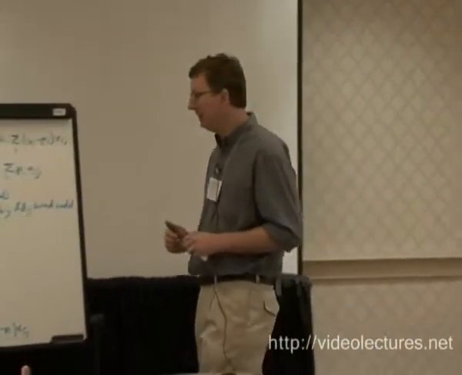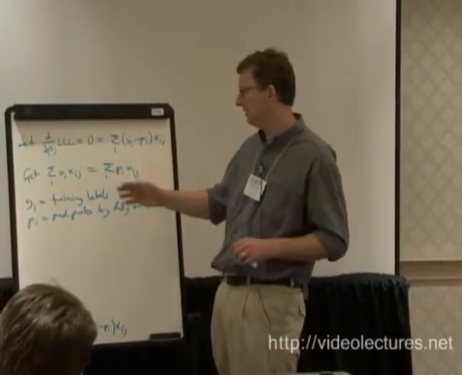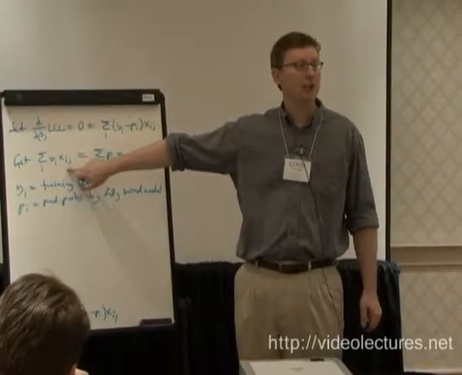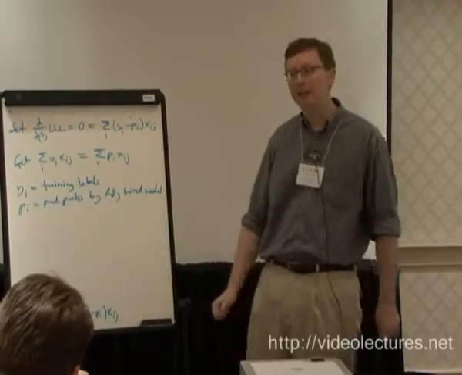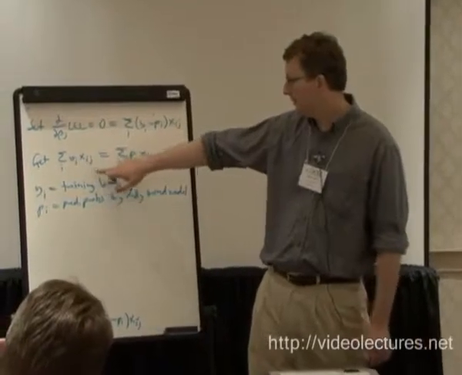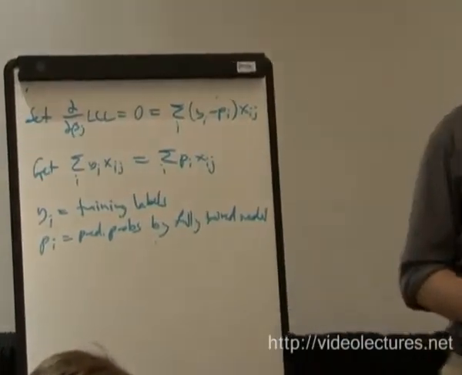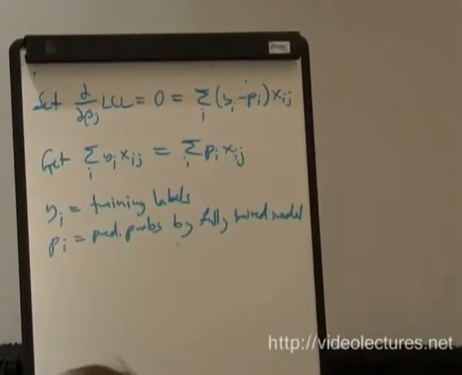So here's my interpretation in English of what it's saying. Take any feature xj, and take its total value in the training set for the positive examples.